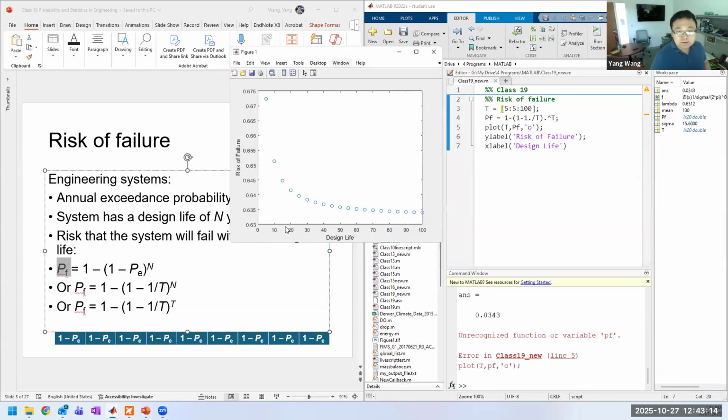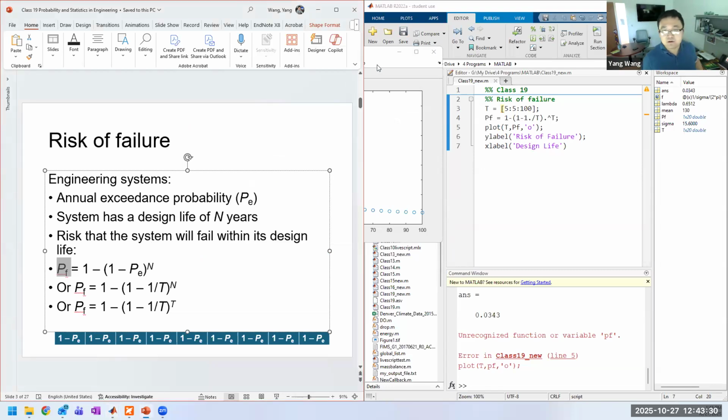Okay, so you can see that no matter whether it's at 5 years or 100 years, the risk of failure for this engineering system is always distributed in the range of 0.63 to 0.67, right? So they're quite similar.